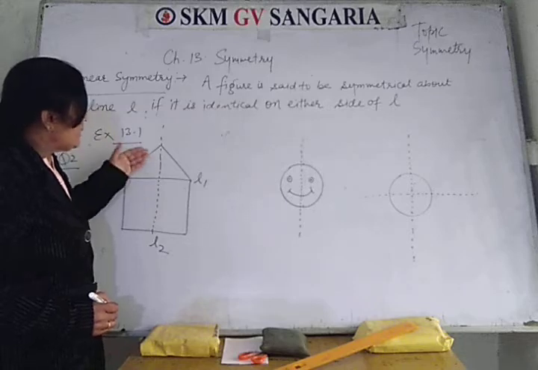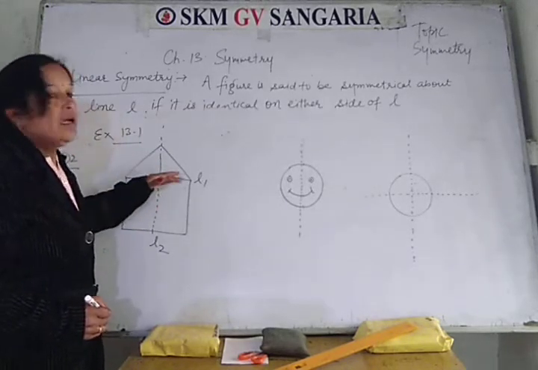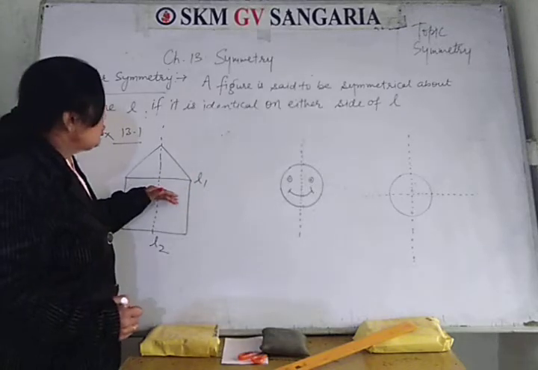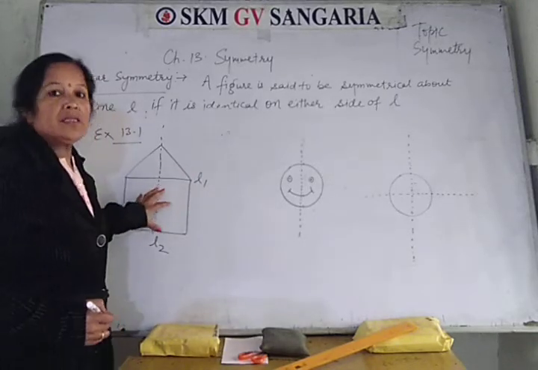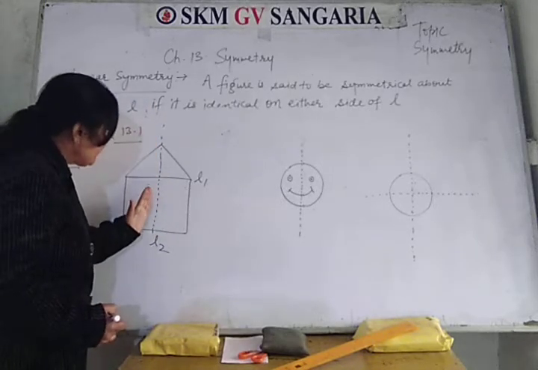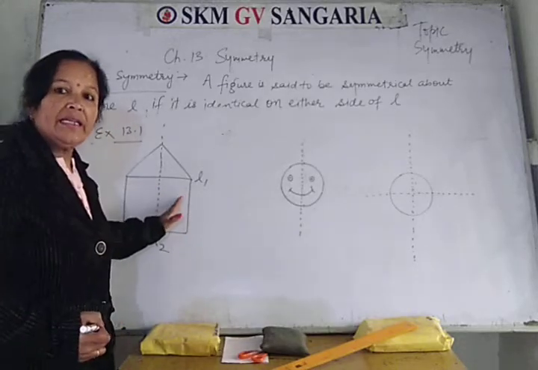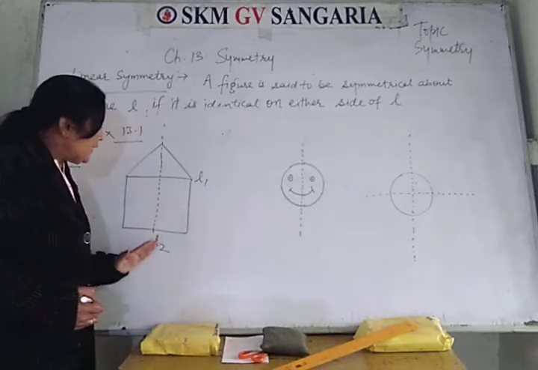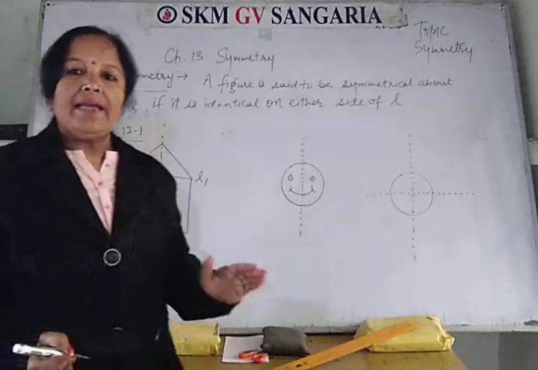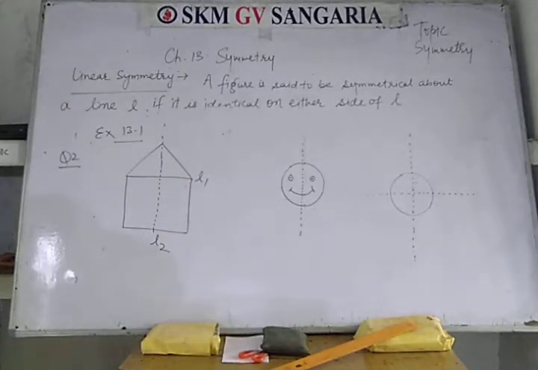In the upper part it is a triangle, in the lower part, the portion below L1, that is a rectangle, you can say. But this line L2 is dividing this figure into two identical parts.